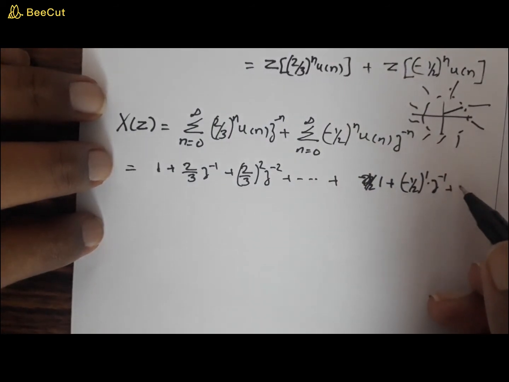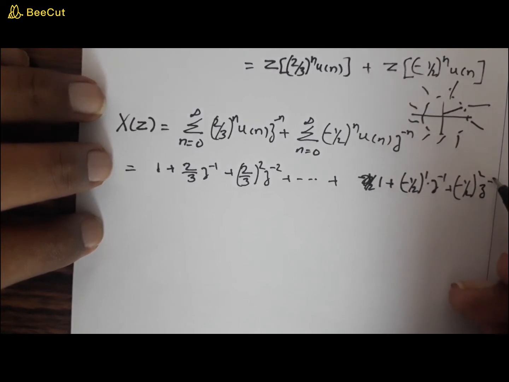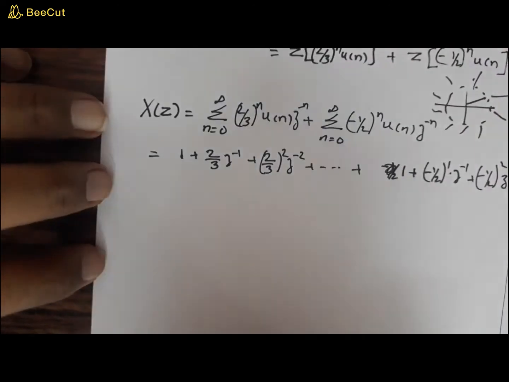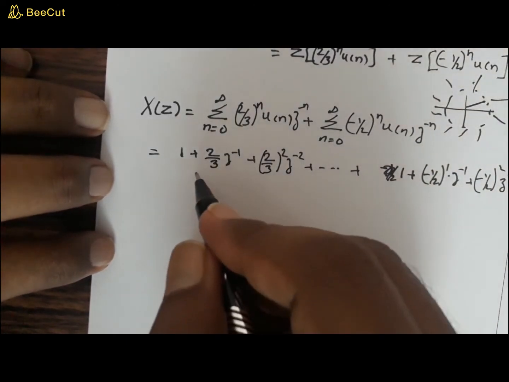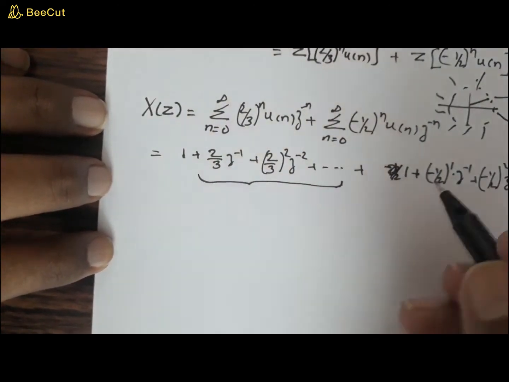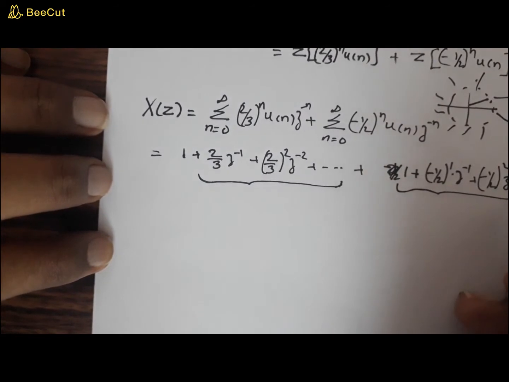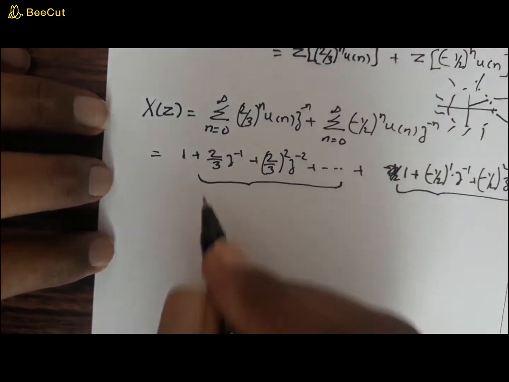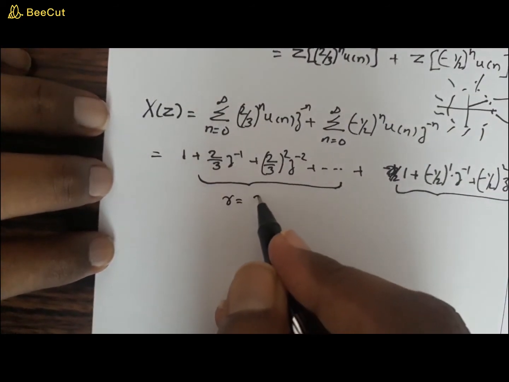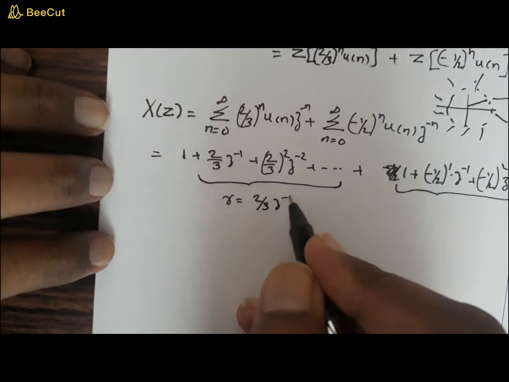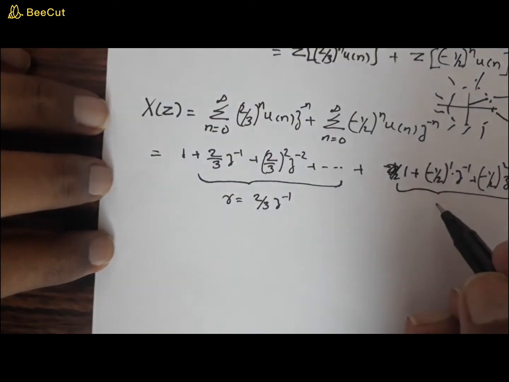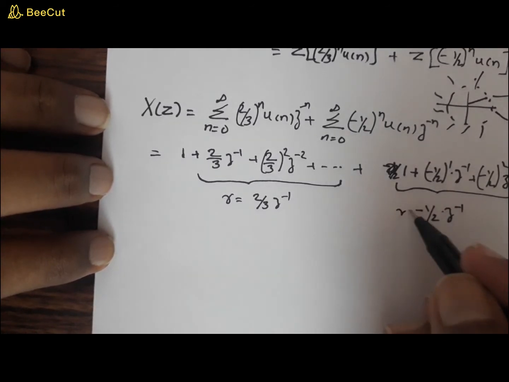Then plus (-1/2)^2 into z^-2, etc. So you are actually getting two geometric series. This is one geometric series, this is another geometric series, with the common ratio (2/3) z^-1 for this GP, while the common ratio is (-1/2) z^-1 for this.